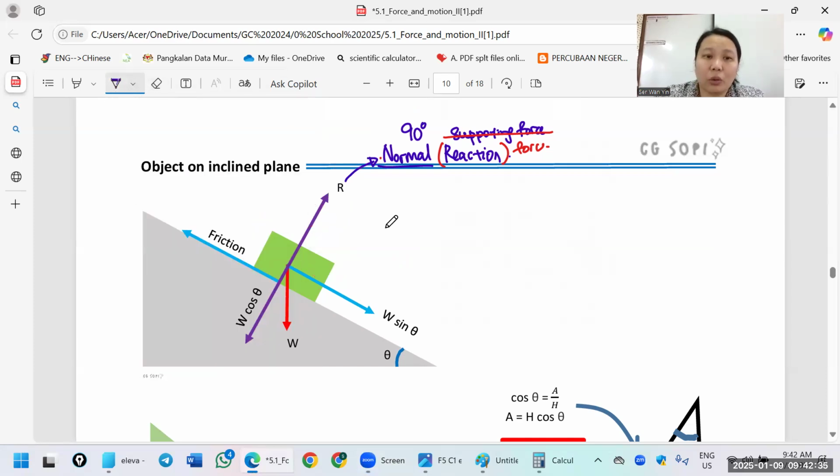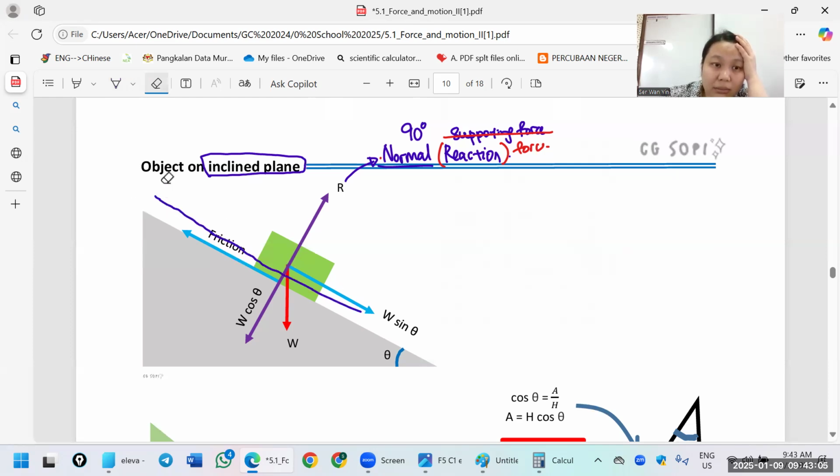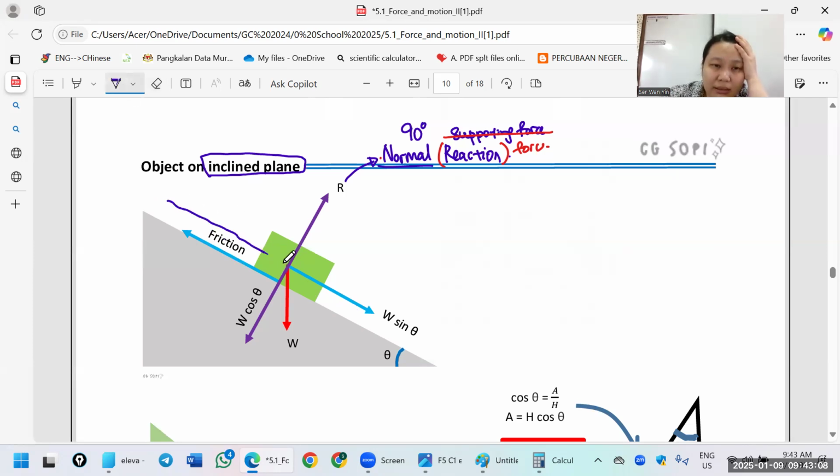All right, so now what should we do on the inclined plane? Inclined plane means a horizontal plane inclined by some degree from horizontal, an ascending surface. So this is theta. You can see this is the x-axis, this is the y-axis.